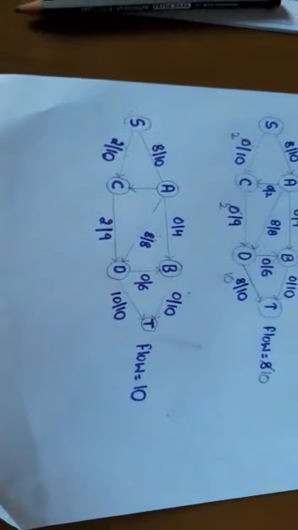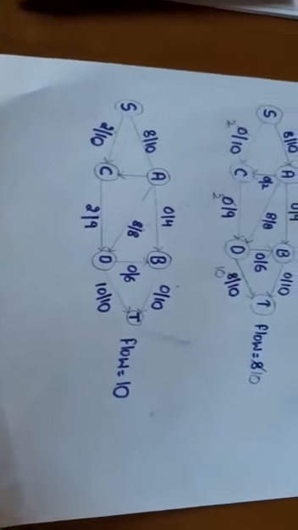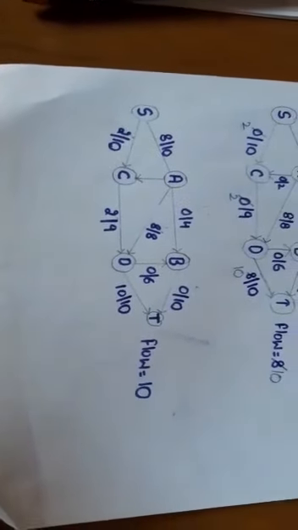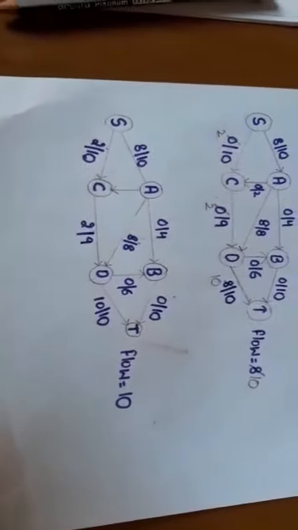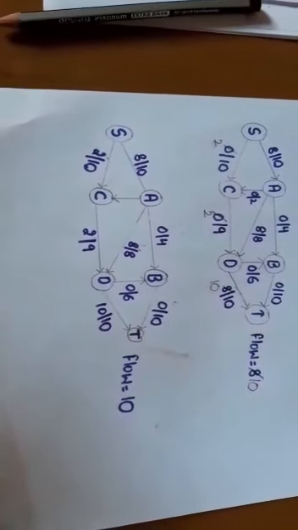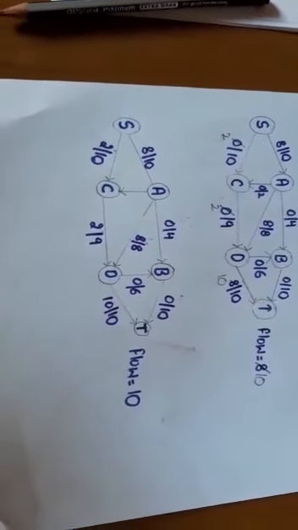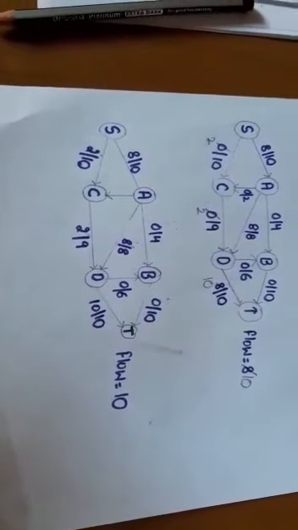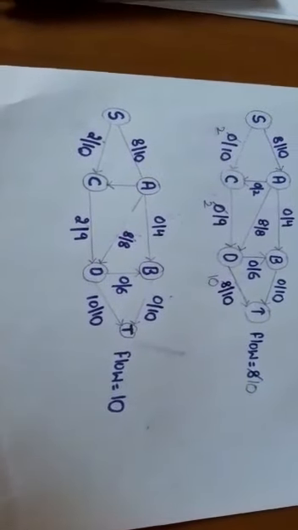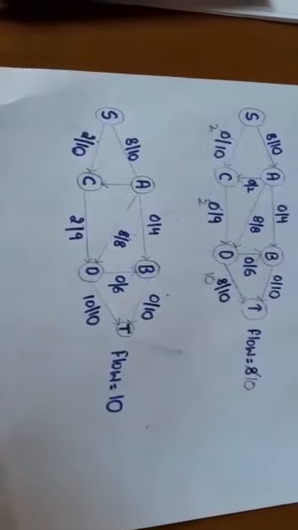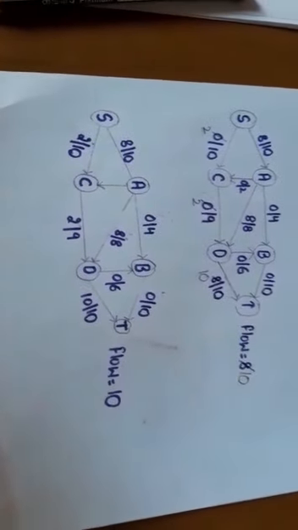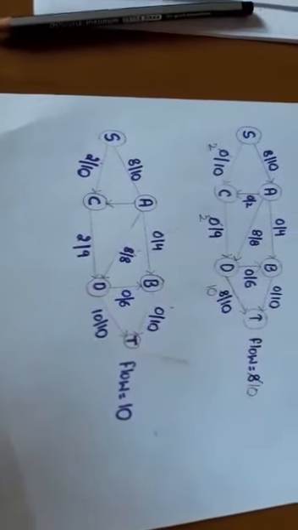Here we will use a new concept, as I told you in the starting about augmenting path types. The second type of augmenting path was the non-empty backward edge. See here, if AD is the forward edge, it can be used in the backward direction also. It means I can use it as DA also, provided that it has to be non-empty. Means AD edge will be full, then only it can be used in the backward direction.